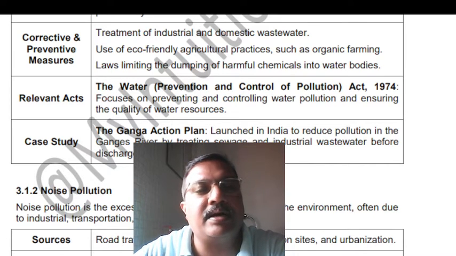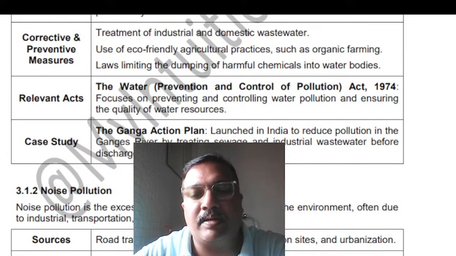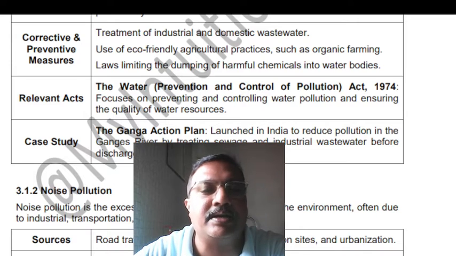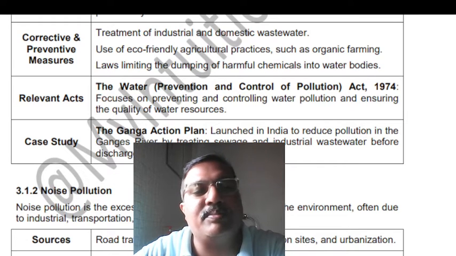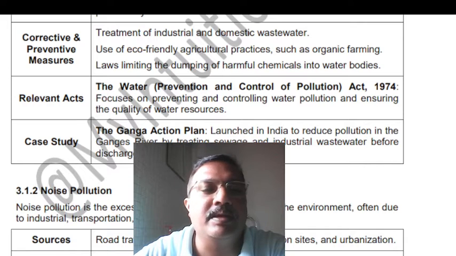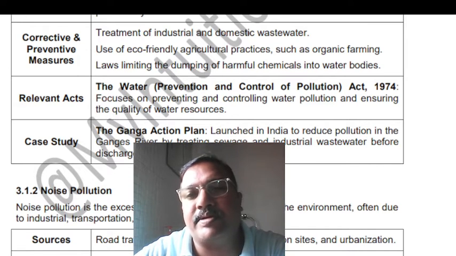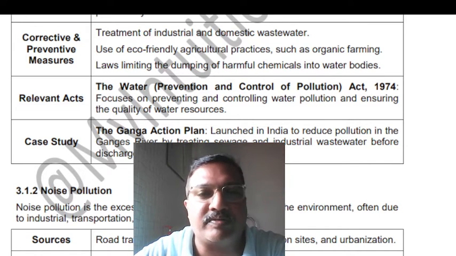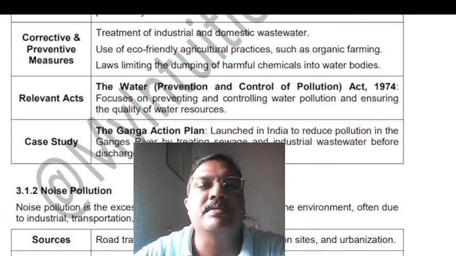The government can create strict laws, or they can enforce laws to stop dumping harmful chemicals into water bodies. So the relevant act is the Water (Prevention and Control of Pollution) Act of 1974.